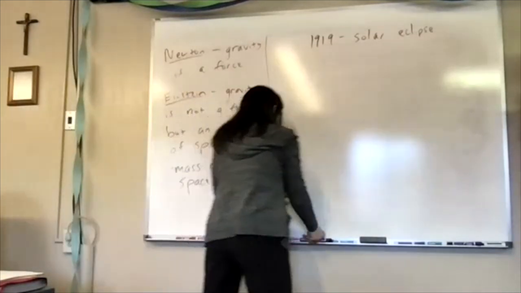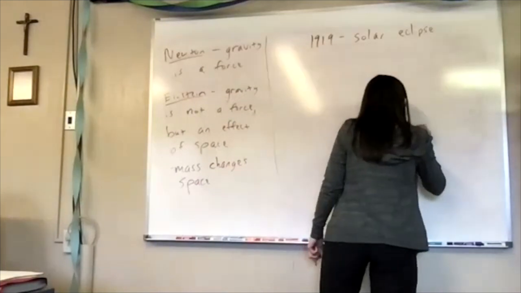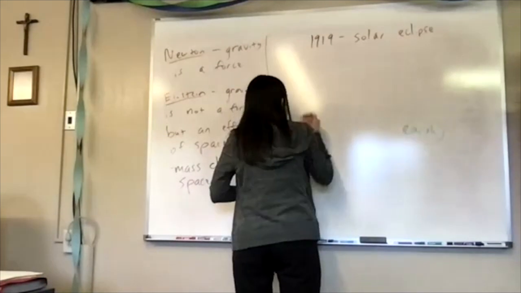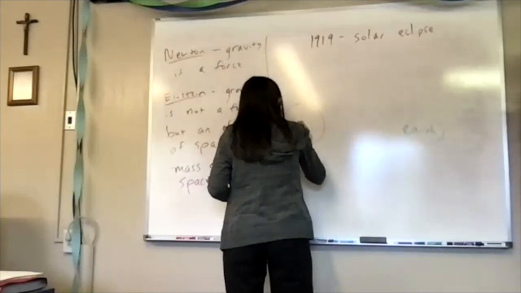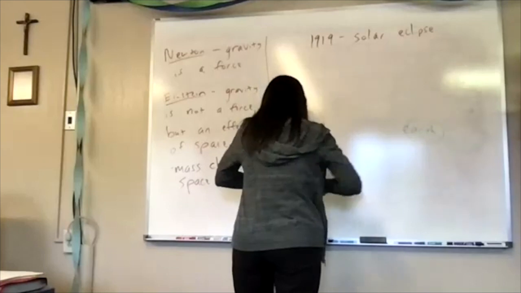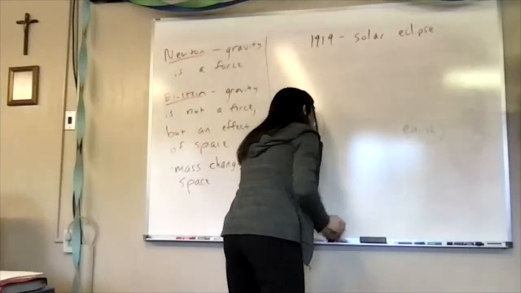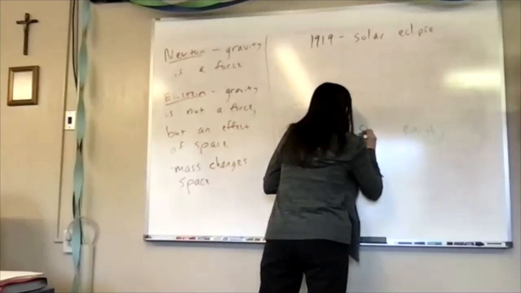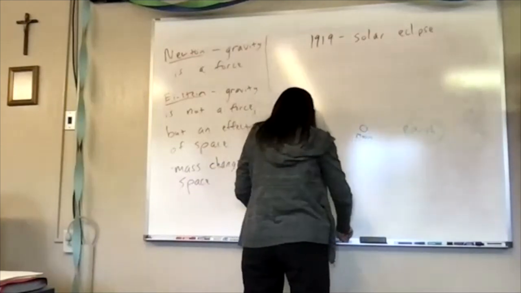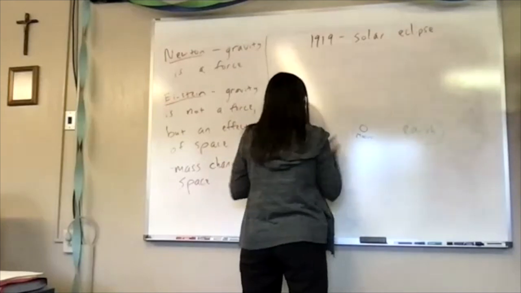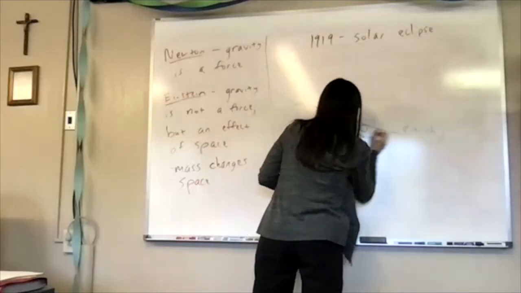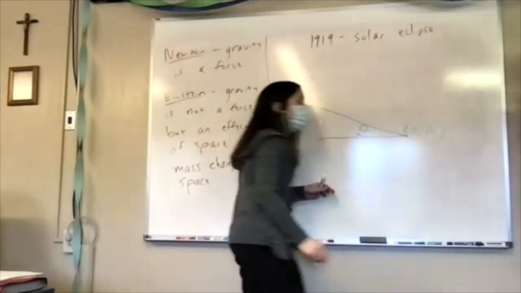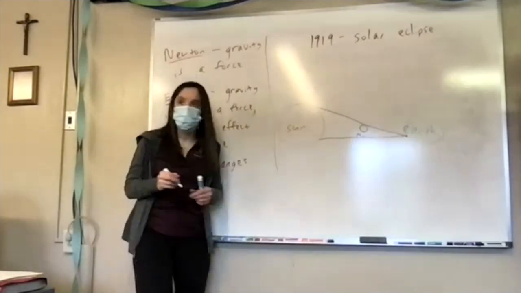So normally, you have the Earth, sun out here. And when you have a solar eclipse, you have the moon coming in front of the sun right here and blocking the sunlight on part of the Earth. So you would have part of the Earth in shadow that the moon blocks, and that's a solar eclipse.